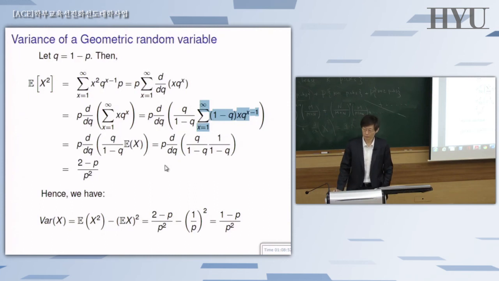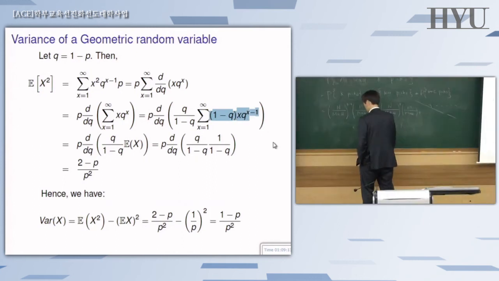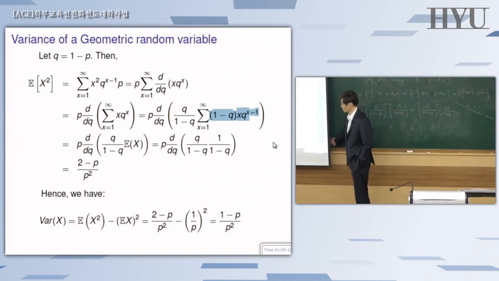Right? Why is it the expectation of x? Because that is simply p. So you have a q over 1 minus q and the expectation of x. You see why this is the expectation of x?